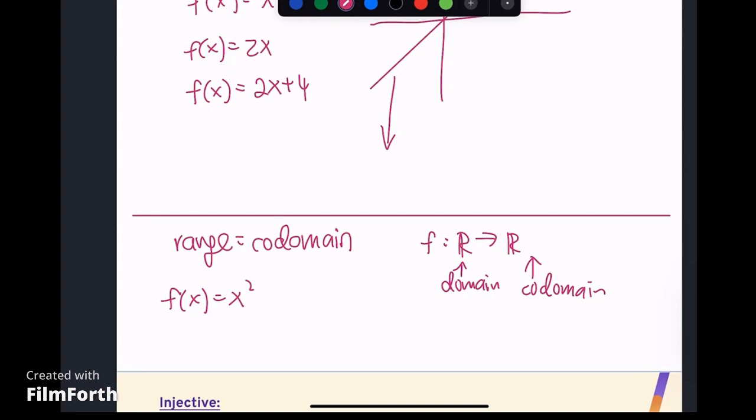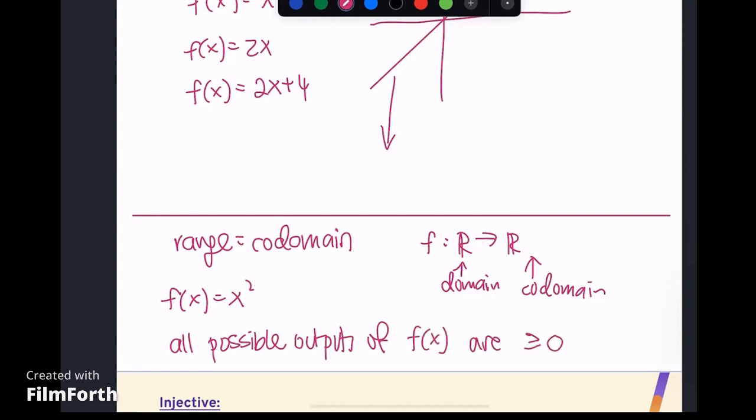So that means all the outputs are greater or equal to 0. But for our codomain, we were not told anything about it being strictly greater or equal to 0.